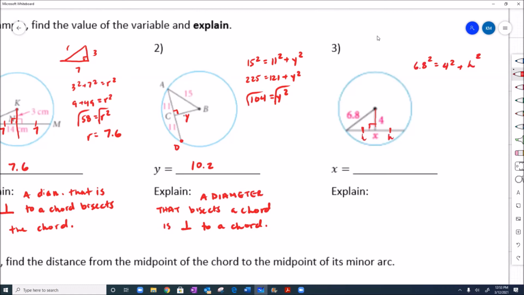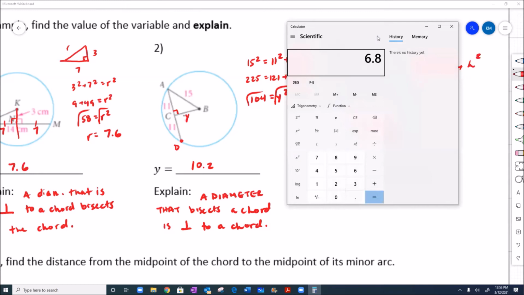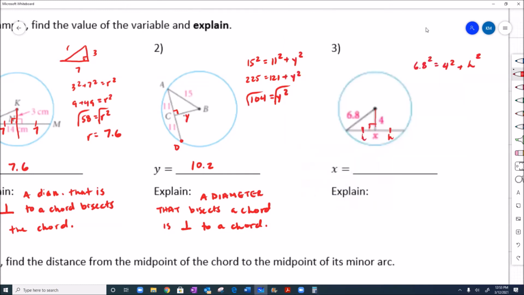Okay. So 6.8 squared gives us 46.24. 4 squared equals 16. Plus h squared. Okay, so to get h squared by itself, we'll subtract 16 from both sides.